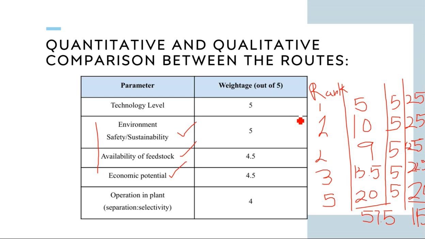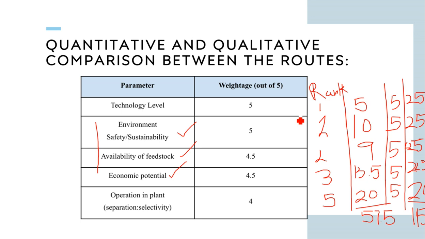One method has a 4 in operation, and another method has a 5 in operation. In that case, if you don't give a different weightage to technological level and operation in plant, then you are not going to be able to select between these two methods. So giving weightage to different parameters is critical when you are comparing routes to select the best route.